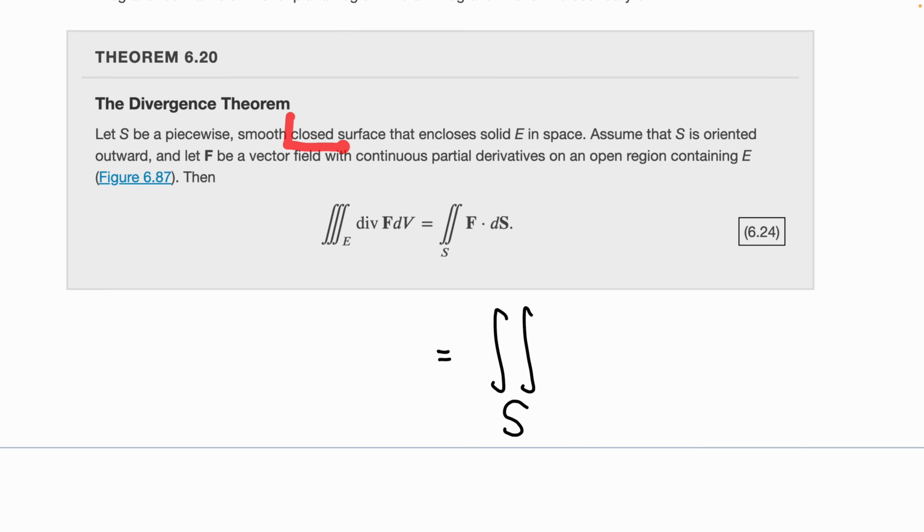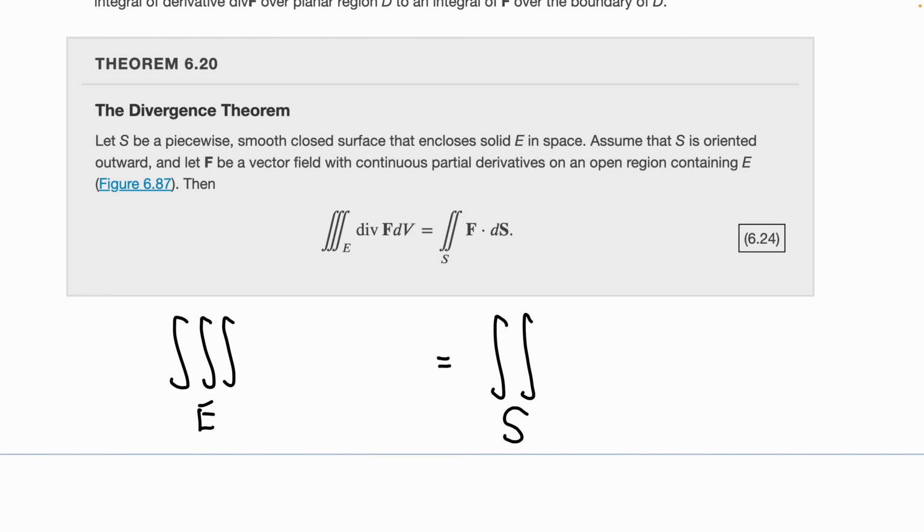And secondly, importantly, it must be closed. So this is a closed surface. And if it is closed, then you look inside of it and you get a solid. So that's the interior. 1, 2, 3. A triple integral over the solid. How are these related? This is the boundary of that solid. Boundary, interior.